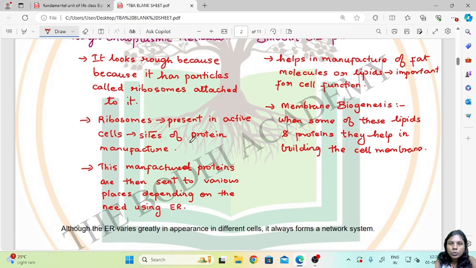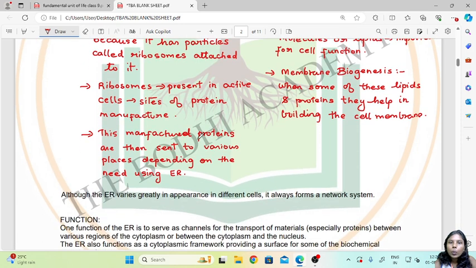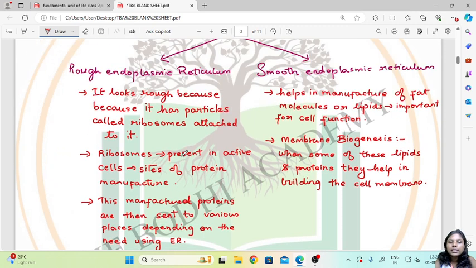These ribosomes are present in the active cells and are the sites of protein manufacture. Once the manufacturing is done, these proteins are sent to various places depending on the need using this ER.